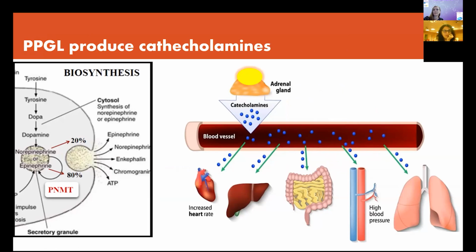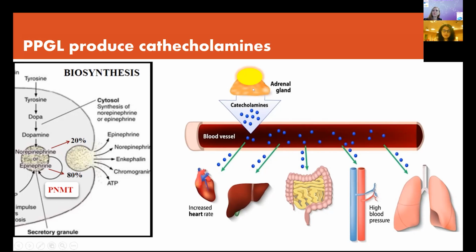And the main hormones are epinephrine and norepinephrine, and collectively we call them by the term catecholamines. There are also more molecules that we use for diagnosis, which are metabolites of those hormones, called metanephrine and normetanephrine.